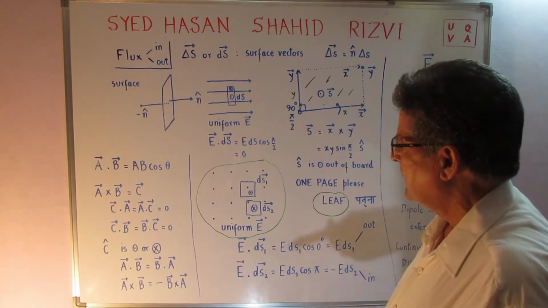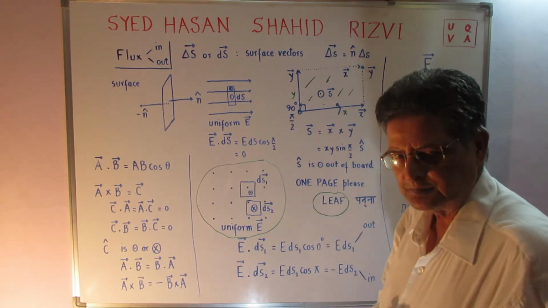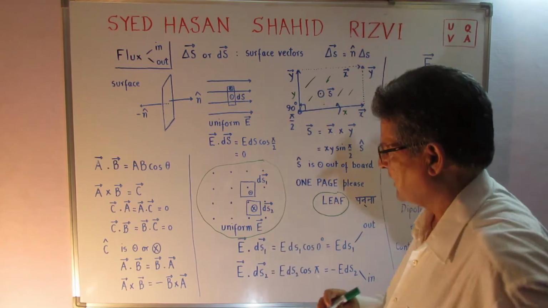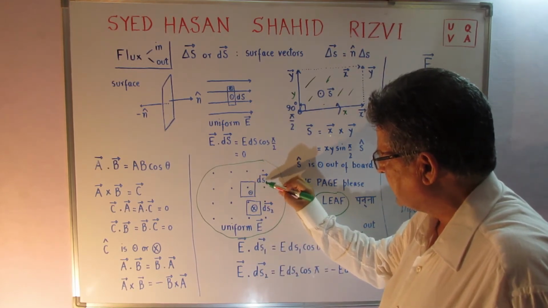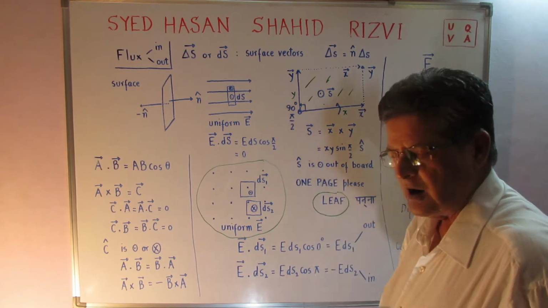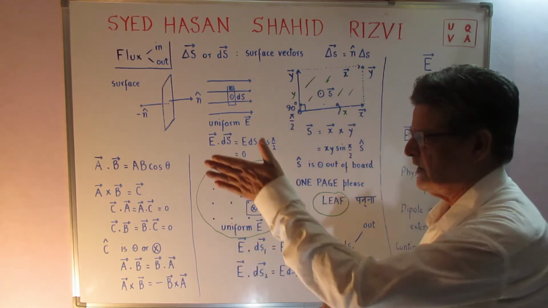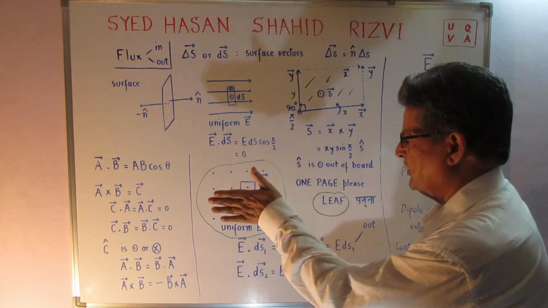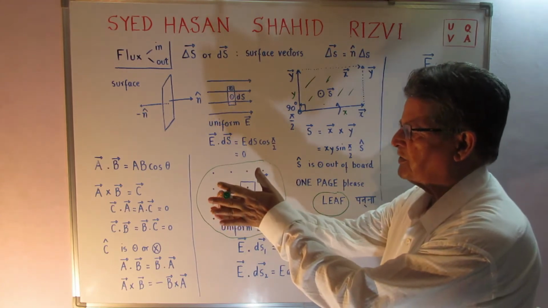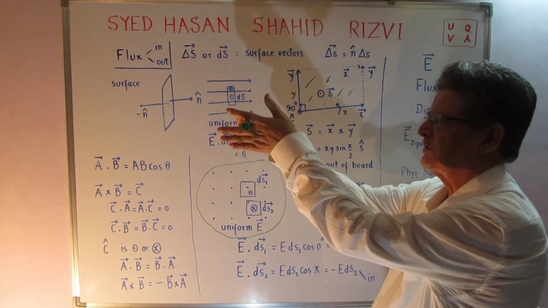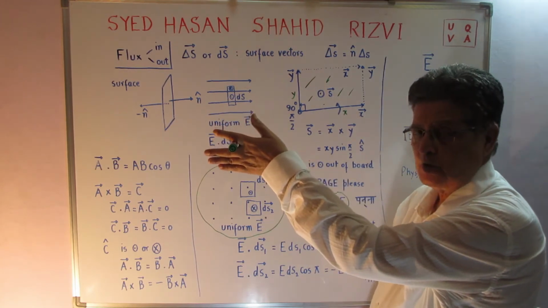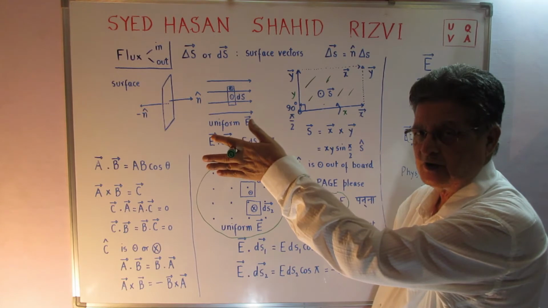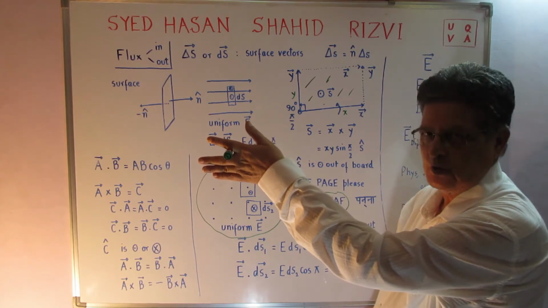Now if I keep a surface here, just like that, and the ds1 vector is out of it. So if I put my surface over here, then my surface has a vector which is coming out like this. In that case, what is the angle between E and ds? The angle between the two is 0.